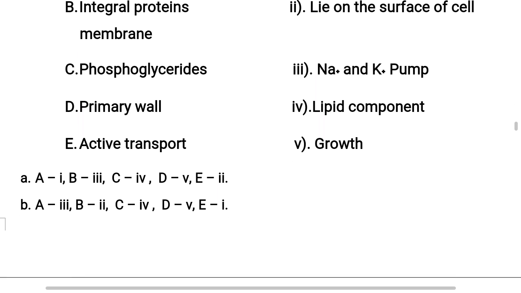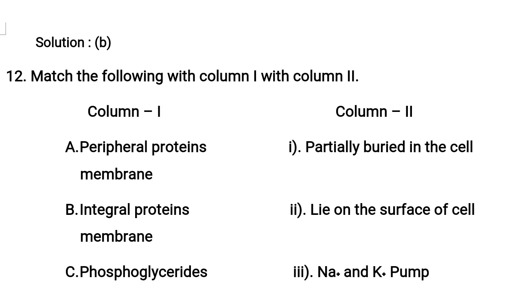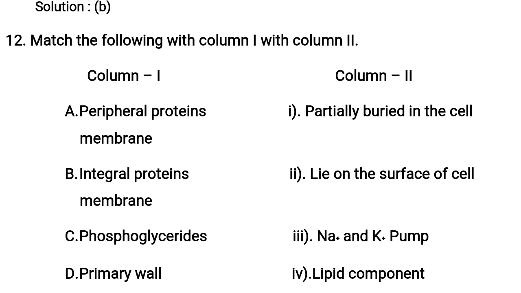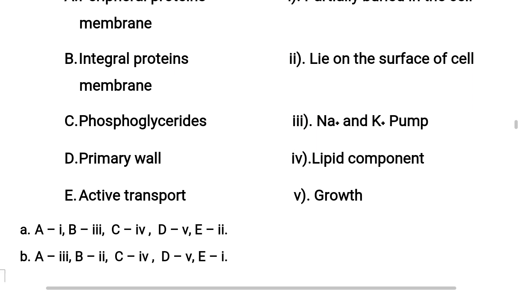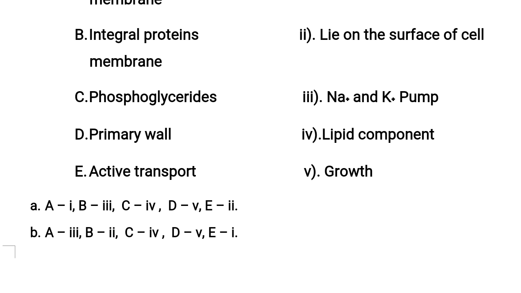D, primary wall. E, active transport. In column 2: Roman number 1, partially buried in the cell membrane. Roman number 2, lie on the surface of the cell membrane. Roman number 3, Na plus and K plus ions pump. Roman number 4, lipid component. Roman number 5, growth. Now let us match.